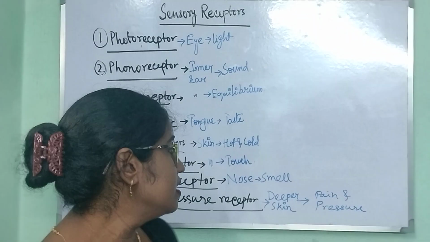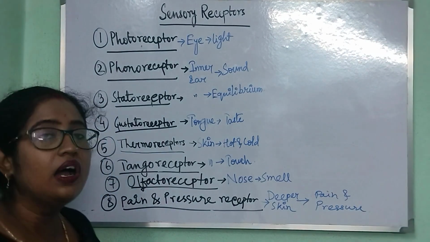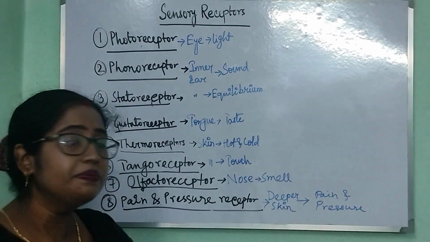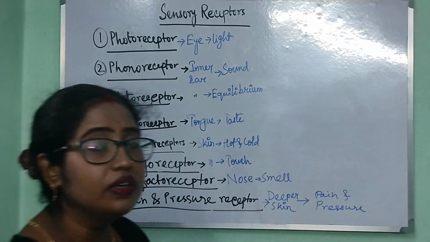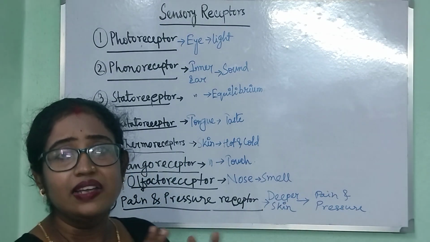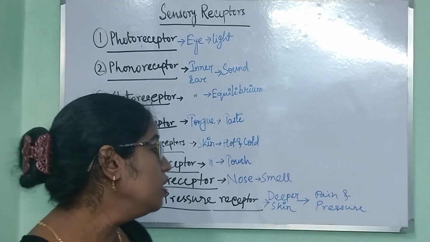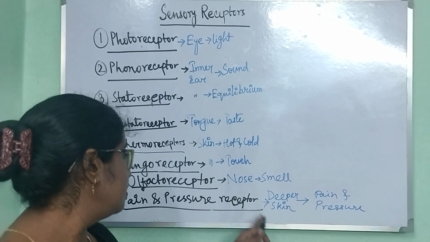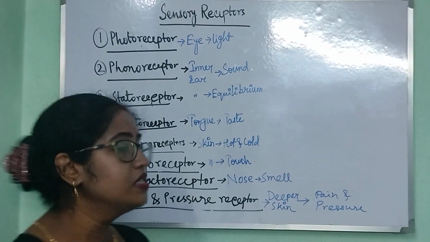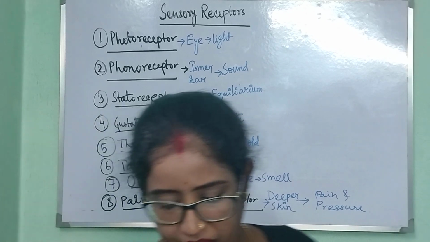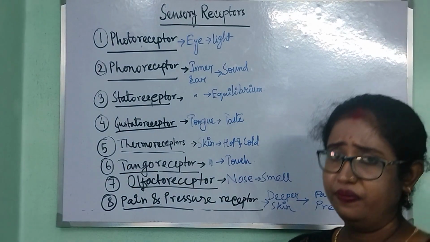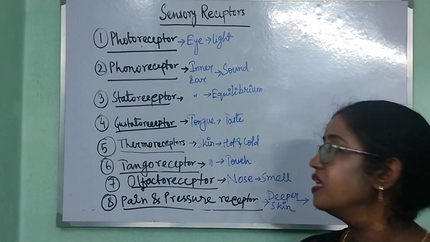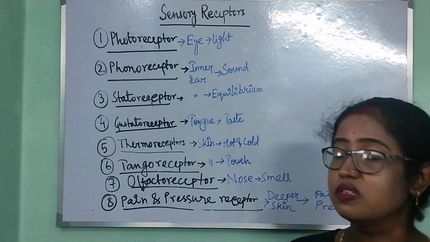These are situated in the deeper skin area beside the muscle portion. So the pain and pressure receptors help to detect the pain and pressure that we have in different kinds of body muscles.